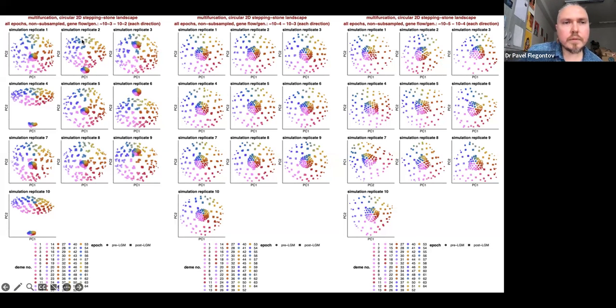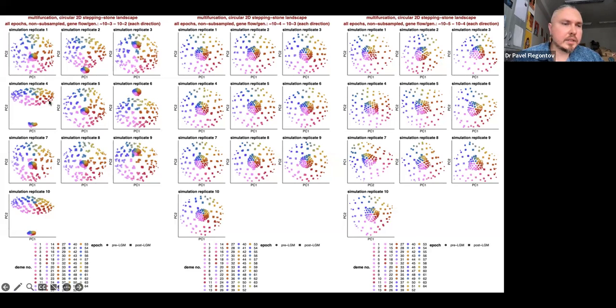Here, first we explore PCA without any subsampling, just to show these patterns. And we immediately see that, of course, there is a stratification of old and young individuals, of individual sampling at various time points.